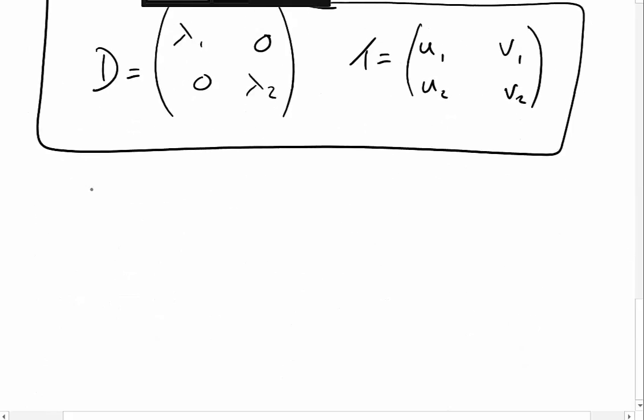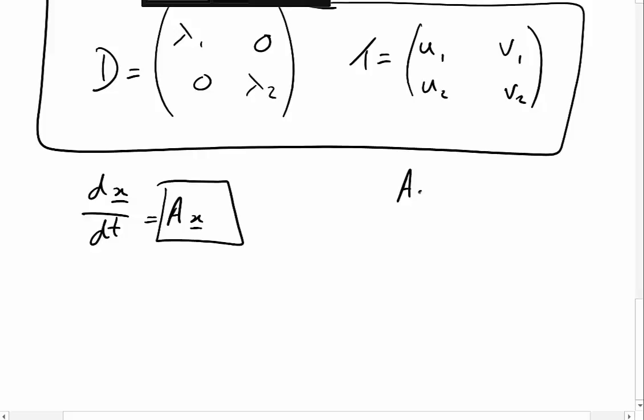So I want to try and solve dx by dt equals Ax. I can do that because, if you remember how I solve the eigenvalue and eigenvector problem, this is what I'm trying to solve: Ax equals lambda x. When I do A times x, remember my x vector is just my variables x and y.